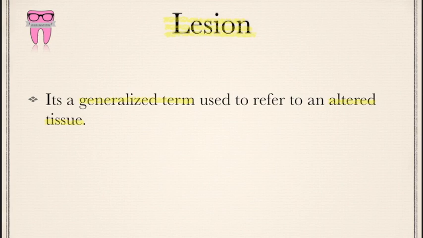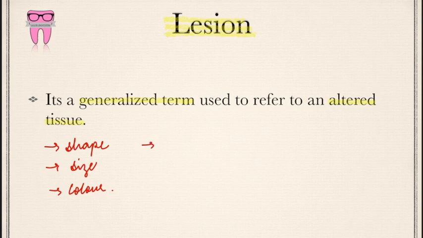It could be any alteration in the tissue or any deviation from normal, be it in shape, size, or color of a lesion. It could be above the level of the mucosa, below, or at the same level of the mucosa.